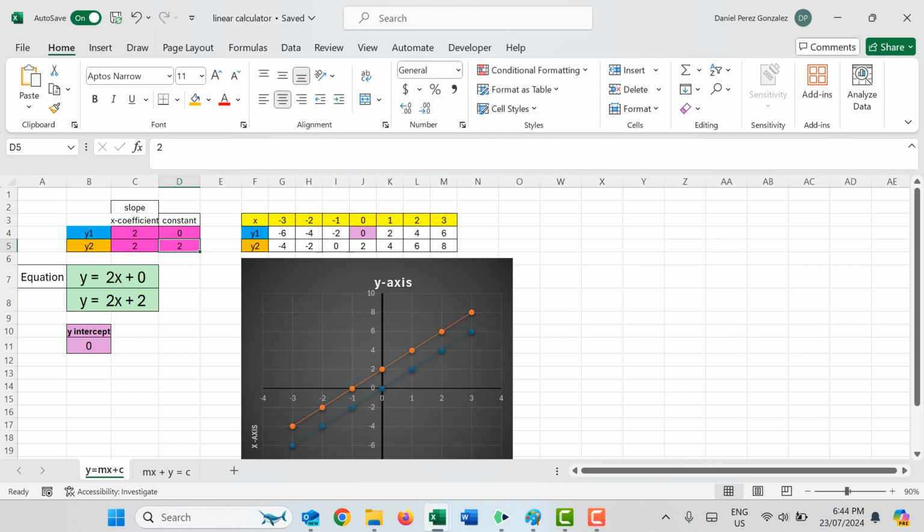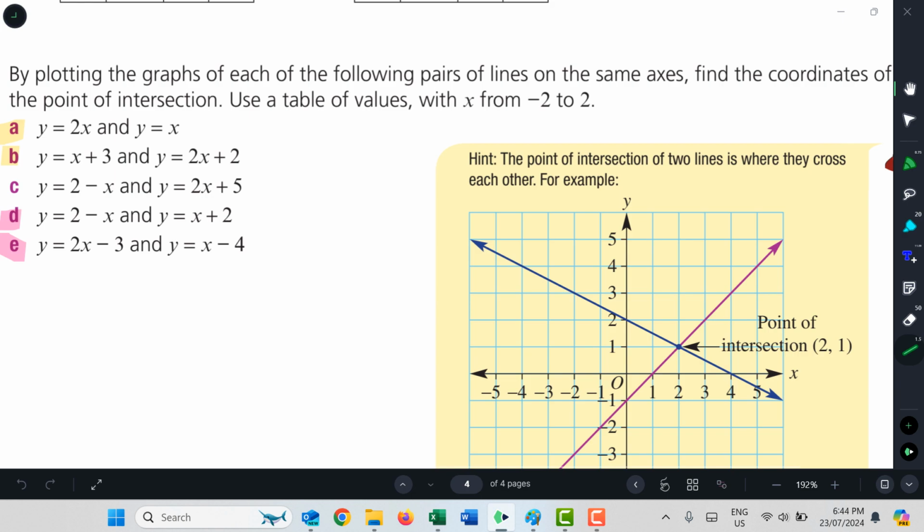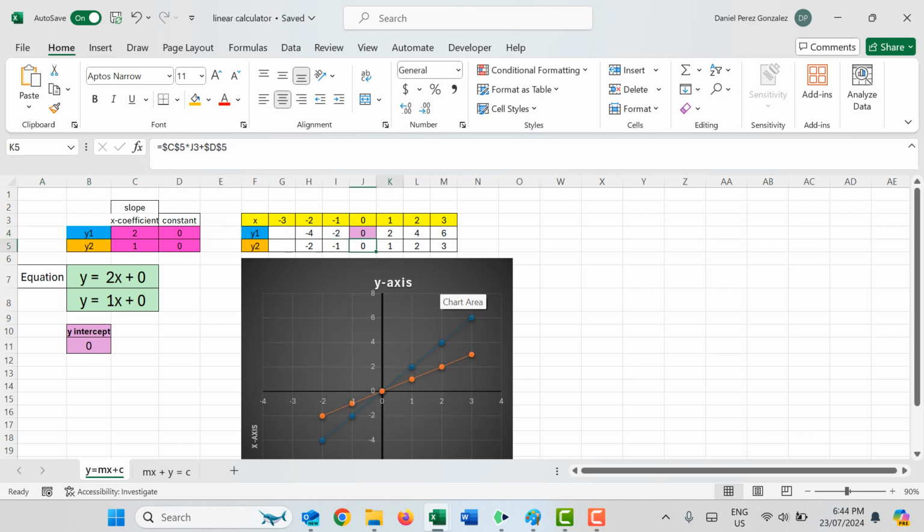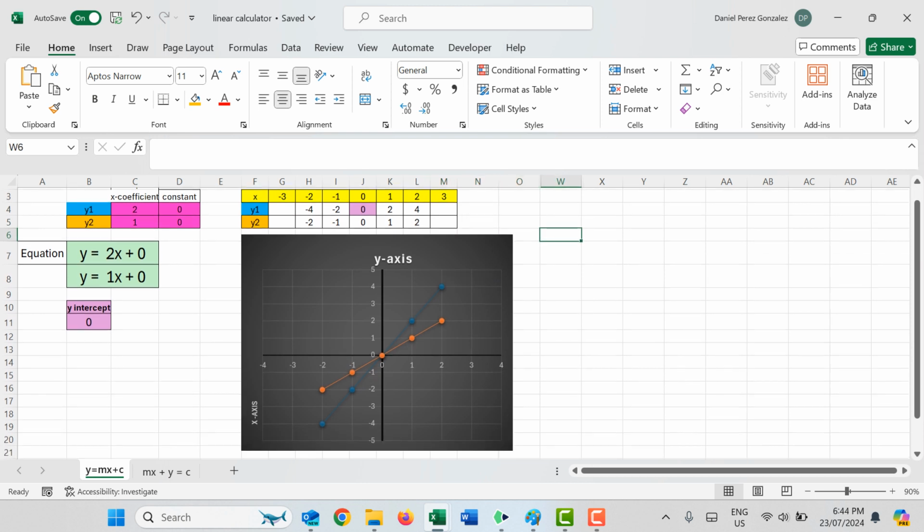The other one is y equals x, where the numbers are the same. Now the thing is, it did say in the PDF that it only wants values from -2 to 2, so I'll get rid of the ones that are not needed. There we go, and that's what your graph should look like, that picture there.